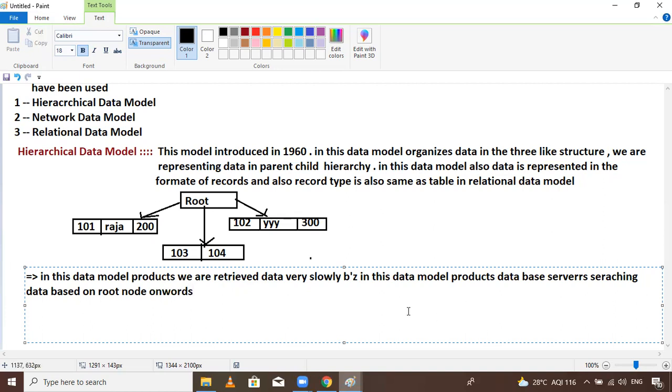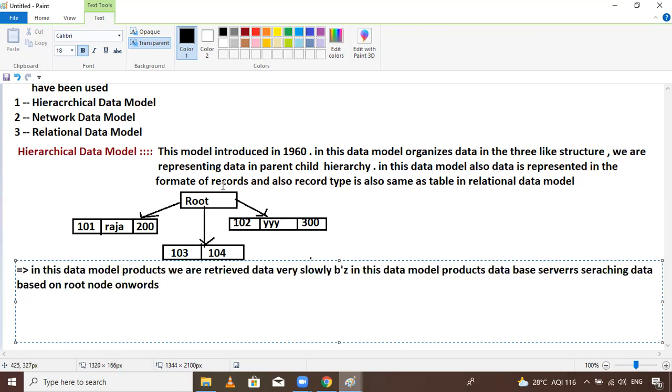That's it. In this model, the searching technique is based on the root node.